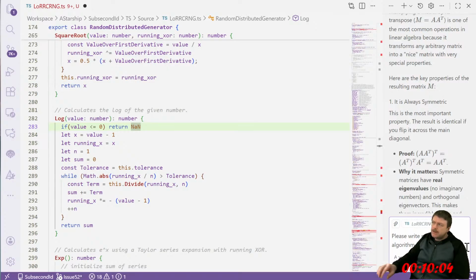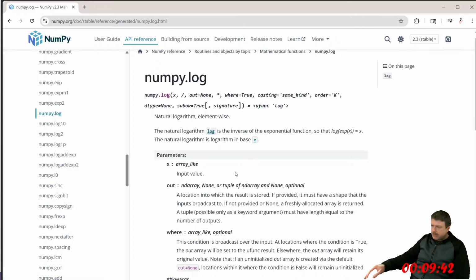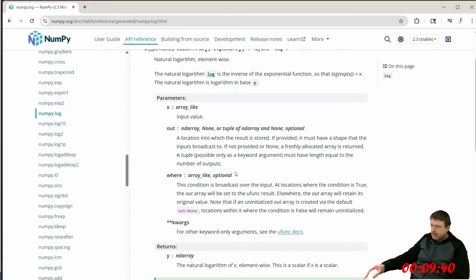Log. So np.log is that like... is that a log again? Base what? A natural logarithm?